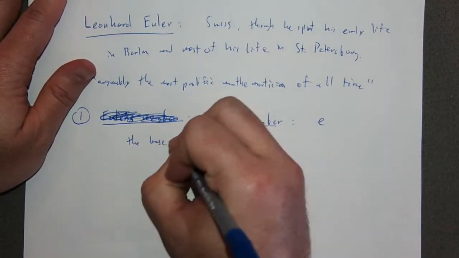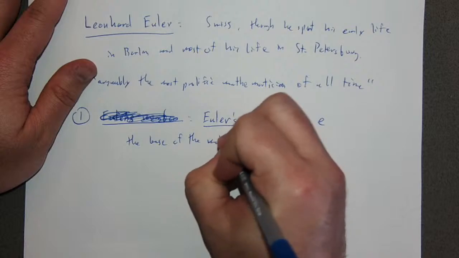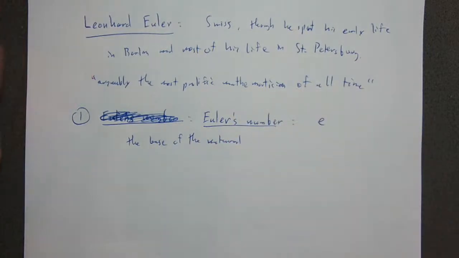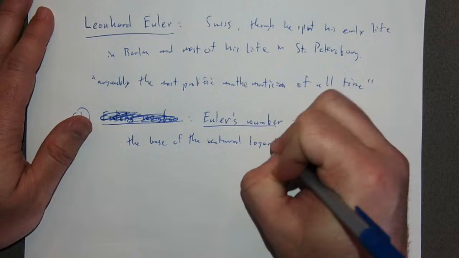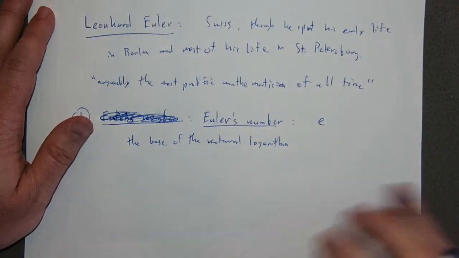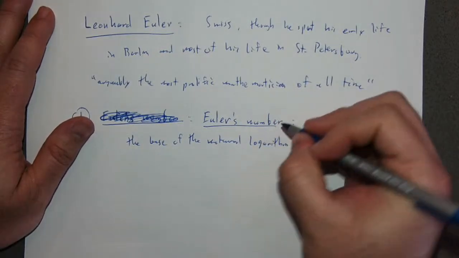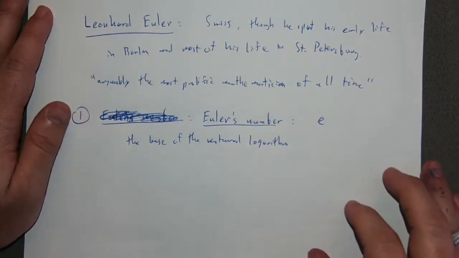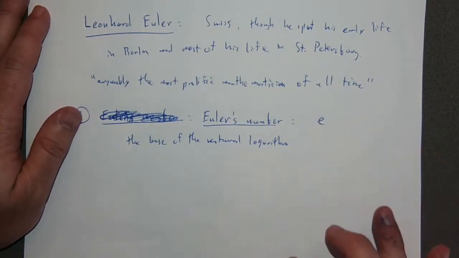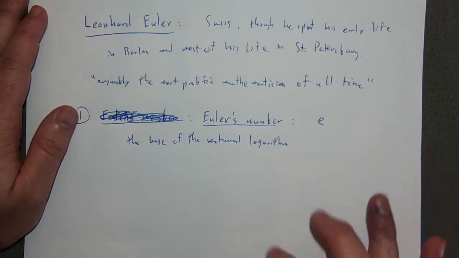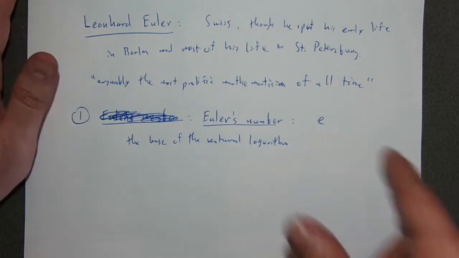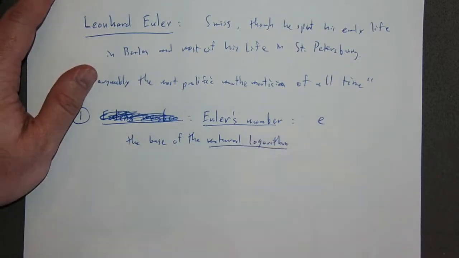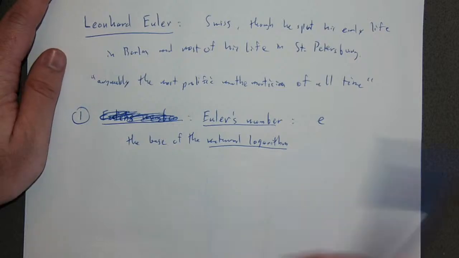So the natural logarithm is the original logarithm that we discussed just prior to our work on Newton and Leibniz. So it's the same logarithm, and the base of that natural logarithm. So the original logarithm we talked about was base 1 over e. The natural log is base e, so this is the base of the natural logarithm. By definition, you can say that that's the logarithm with base e.